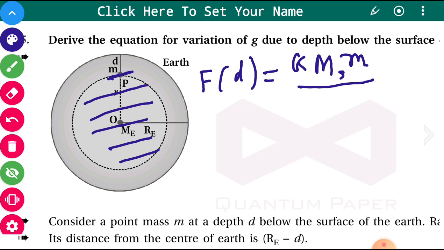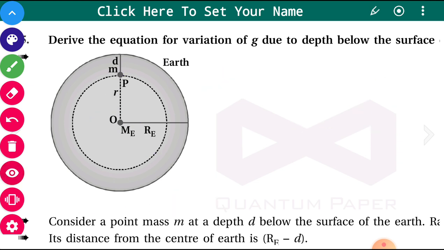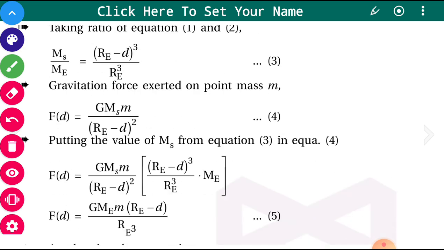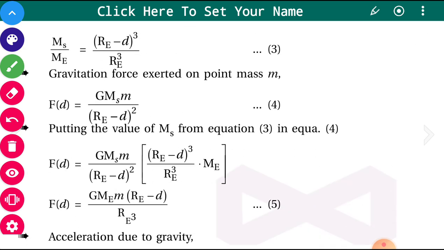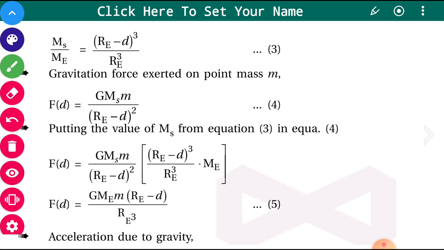The distance is small r, and small r is nothing but Re minus D. So here it becomes Re minus D the whole square. Okay, so that step is written here. Fourth equation: force at depth d is G ms m upon Re minus D the whole square. Okay, so it is shown here as the fourth equation.